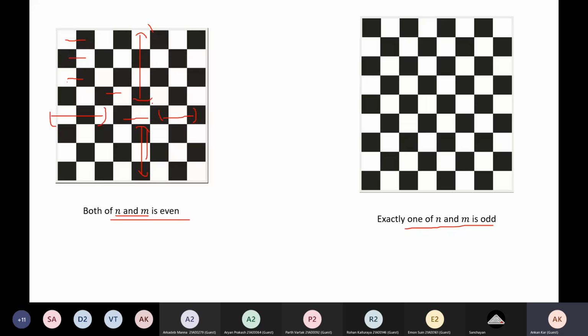So you can't manage both sides, right? Because k is odd, one side will get an odd number of cells, and you can't put any more vertical dominoes to fill it.